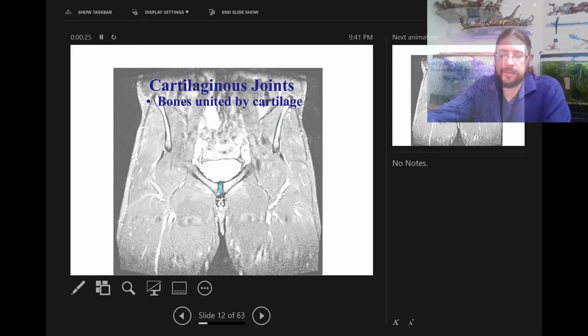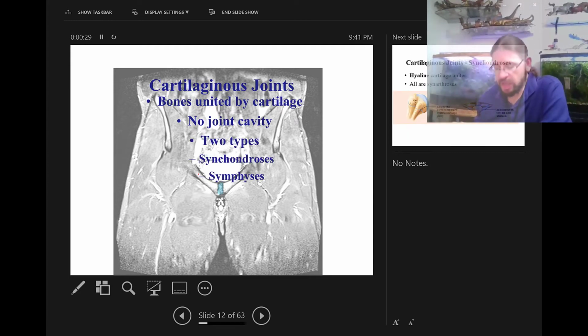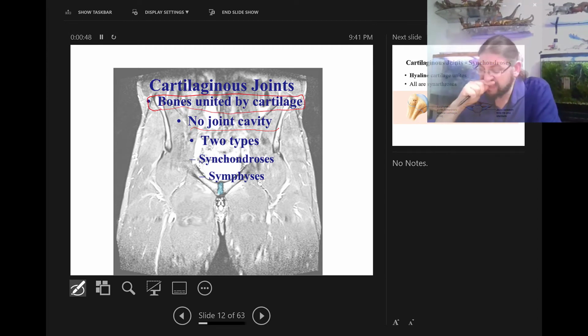And on we go to a little image of one of these cartilaginous joints, where we have no joint cavity. And the bones are sealed together by cartilage, allowing some degree of movement.